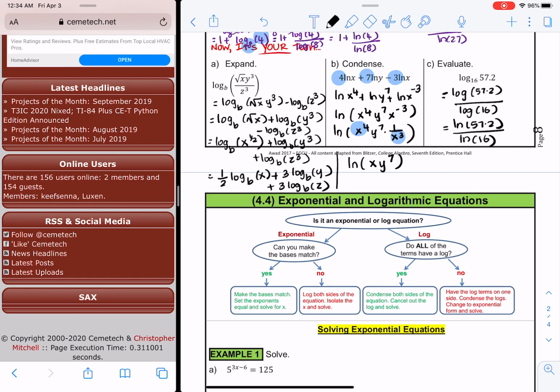So you could use the calculator to evaluate the log of 57.2 divided by the log of 16, or you could use natural logarithm and find ln of 57.2 and divide it by the ln of 16.